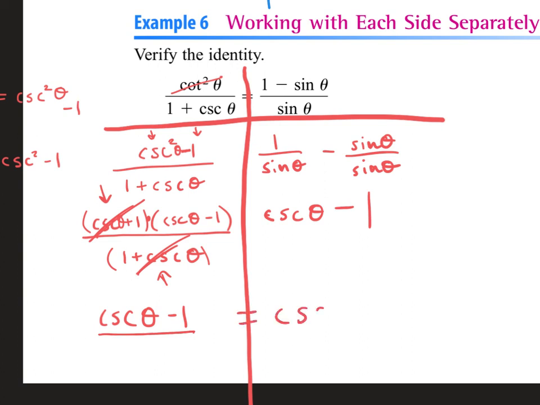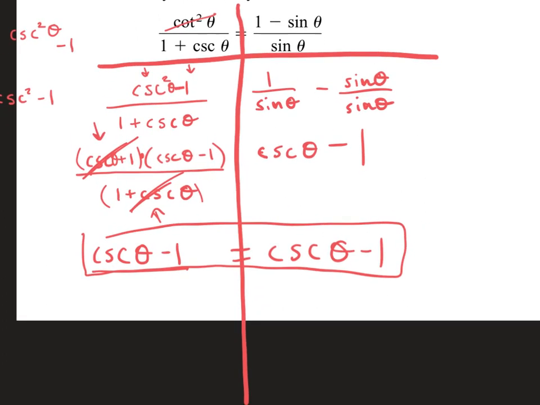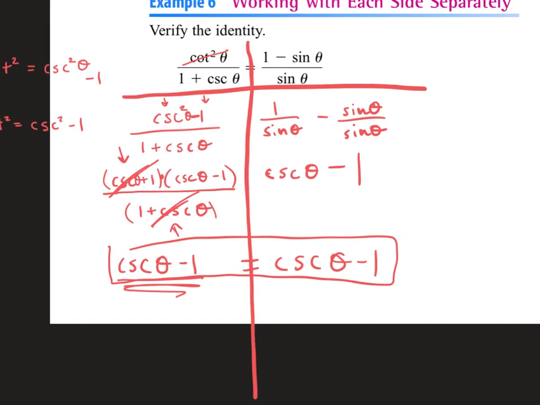Look at that. Same thing. Awesome. So sometimes you have to work on both sides when both of them look kind of complicated, and you can simplify it down to 1 or 2 terms here. You may have to work both sides, but just be careful that you're only doing one side at a time. You never want to move something from one side over to the other. So just be careful.